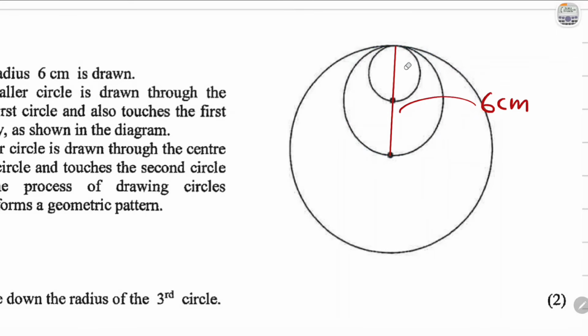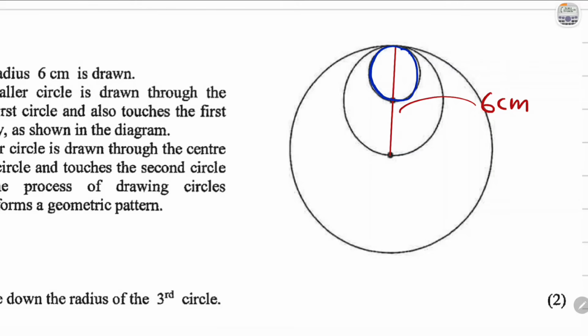Okay, and then the same thing happens with this other smaller circle. What would be the radius of the second circle, from the center to the circumference, is actually the diameter of this smaller third circle. So you can see what keeps happening.